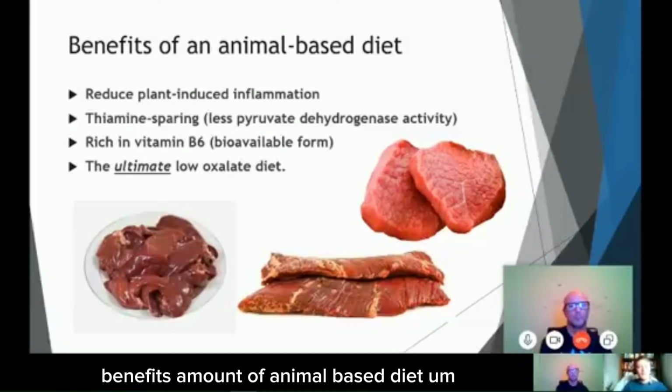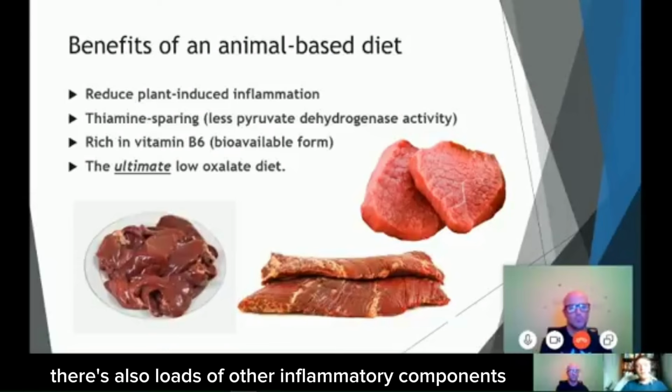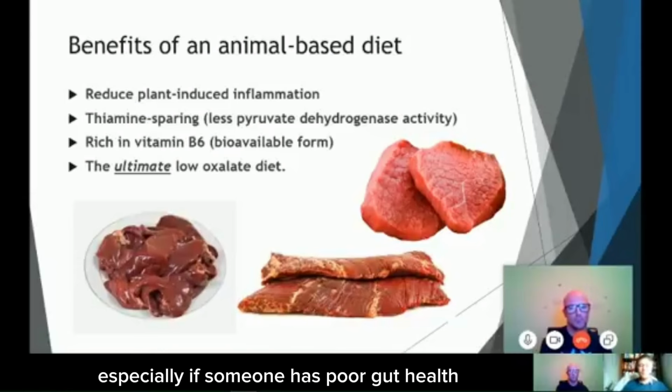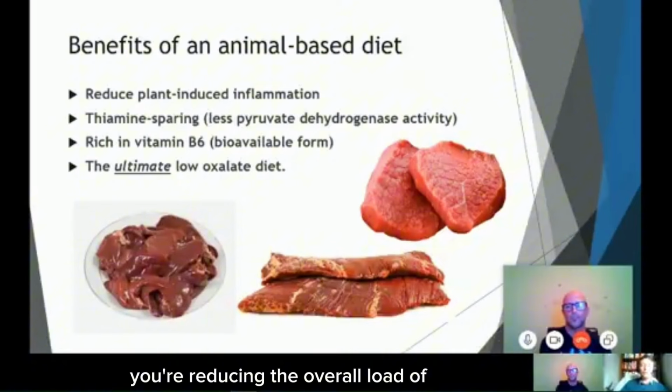Benefits of an animal-based diet, if we're looking in terms of oxalate metabolism, well, there's various inflammatory components. We've spoken about oxalate, but there's also loads of other inflammatory components contained within plants, especially if someone has poor gut health. So when you go on an animal-based diet, you're improving digestion, but what you're also doing is you're reducing the overall load of the fiber, of all of this other kind of stuff that can cause problems.